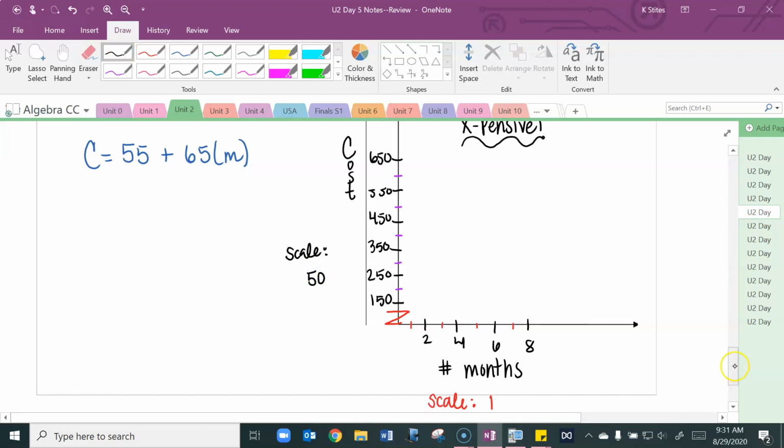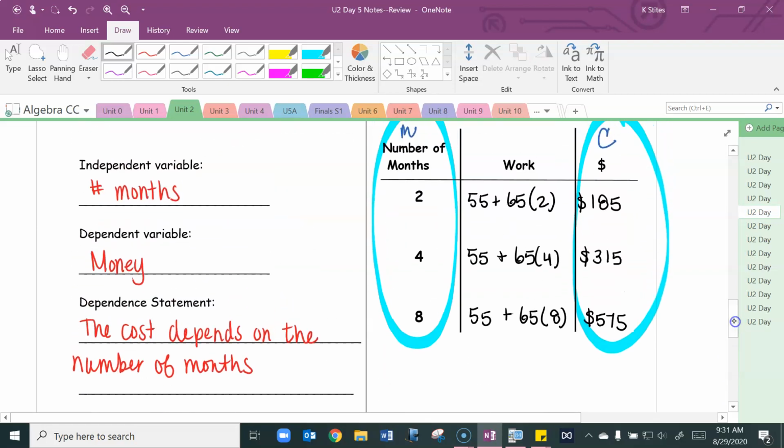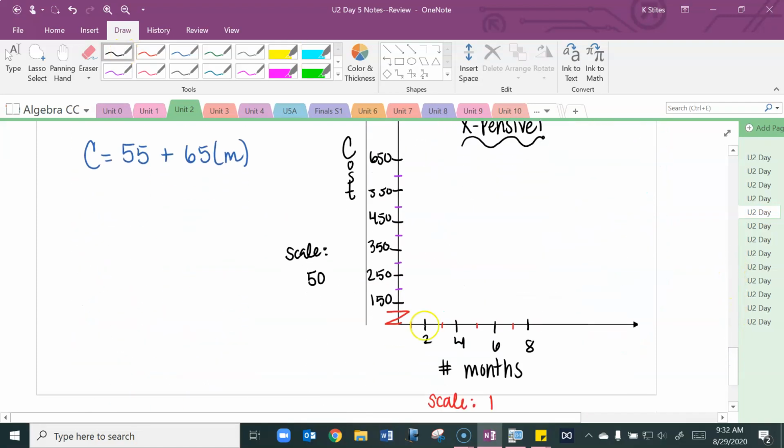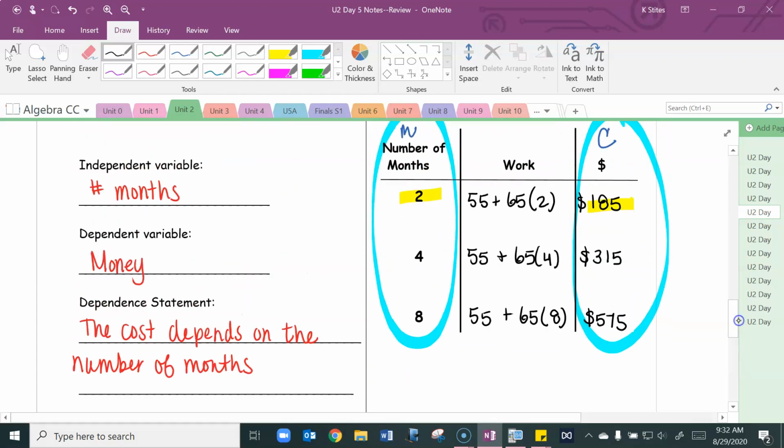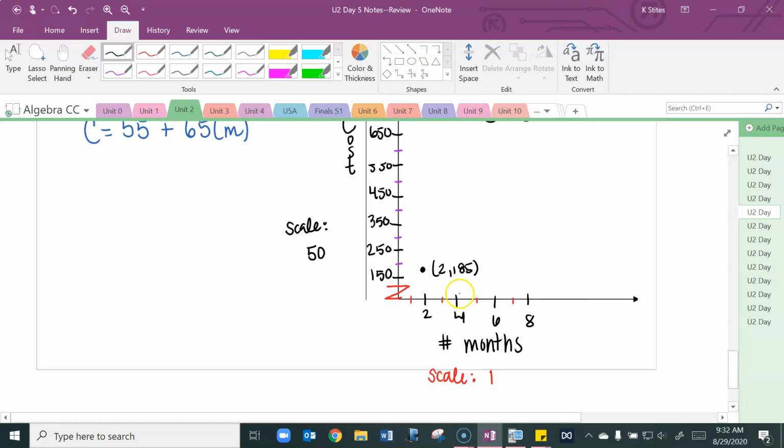Okay. And my final step is to plot my points, and we always go x first. 2, 185. So 185 is going to be a little below 200, so I'm going to put it there. 2, 185. And then next, 4, 315. 4, 315 is going to be a little over 300, so a little over my purple.